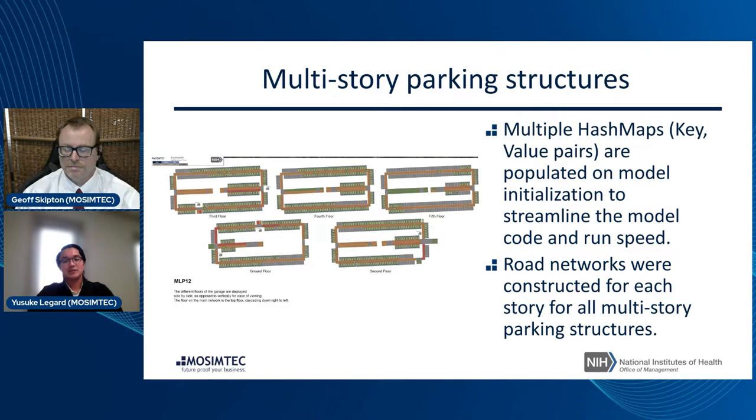The use of hash maps also simplifies and improves the readability of the process logic code. Furthermore, by populating the hash maps from our Excel inputs, if there are architectural changes to the parking structures, all that would be required is a change in the Excel front end without any alterations to our underlying code in the AnyLogic model.